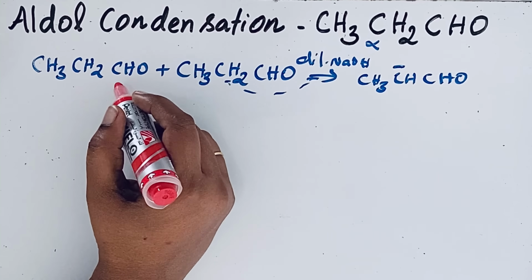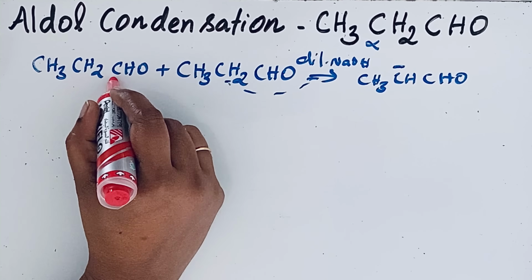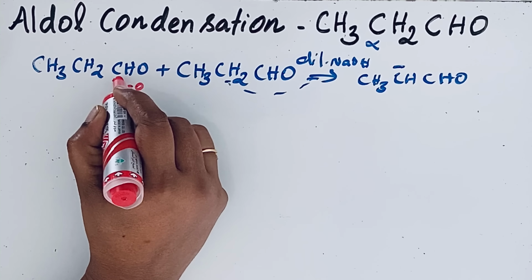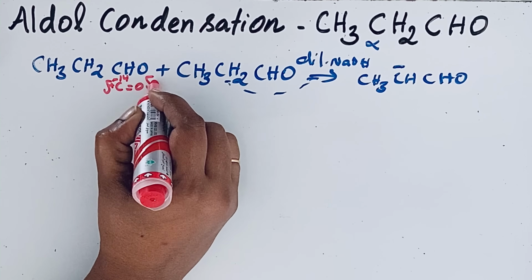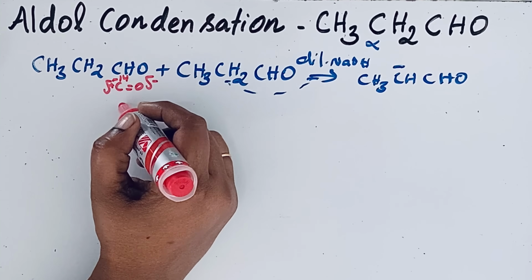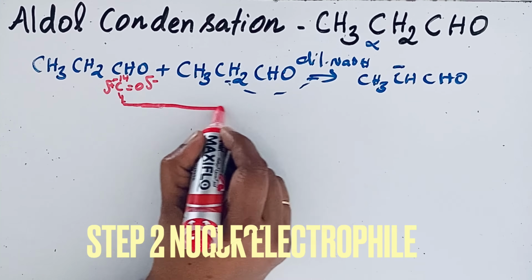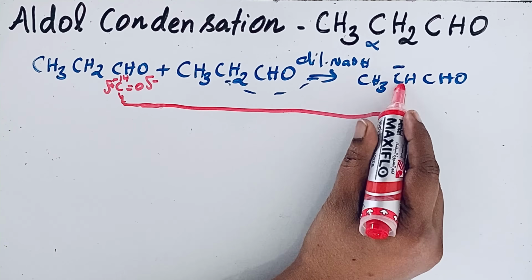If you look at the second molecule of propanal, this C=O you can write like C double bond O. So this has a partial positive charge and this one a partial negative charge. So this is the electrophilic center. This center will attack that carbanion, right?